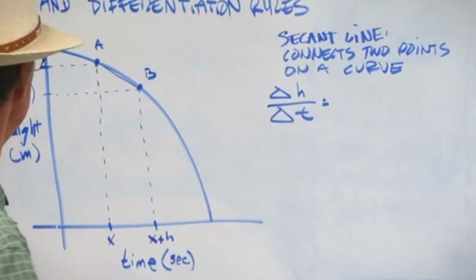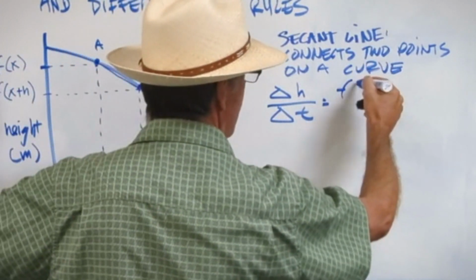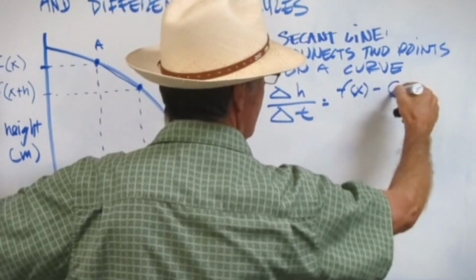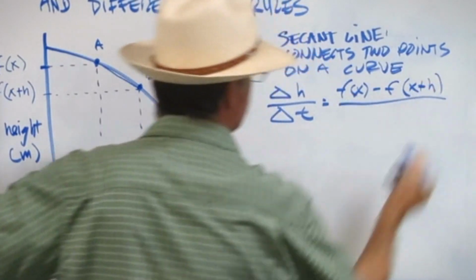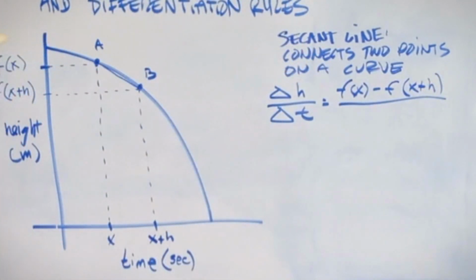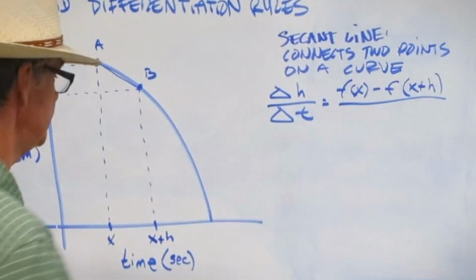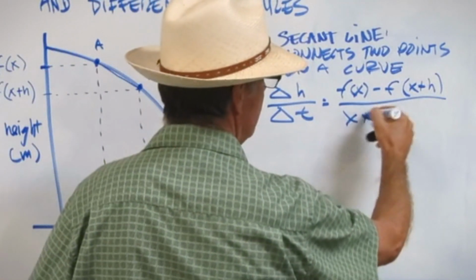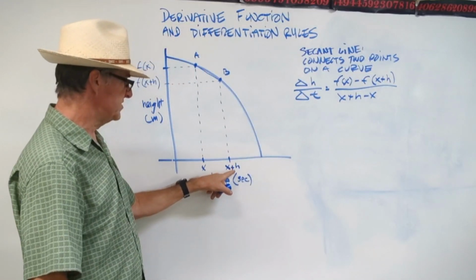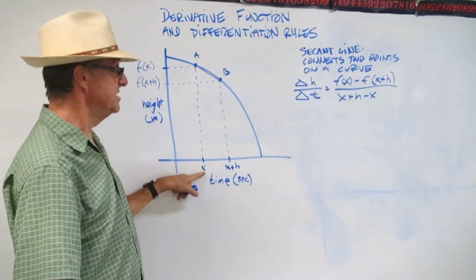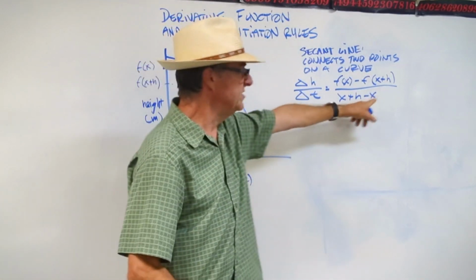Our change in height is going to be f of x minus f of x plus h. Okay, so that is our height. We're dropping, so this would be a negative quantity. And then our time difference is going to be x plus h minus x. Because we end at this time, we start at that time, so the difference is going to be x plus h minus x.